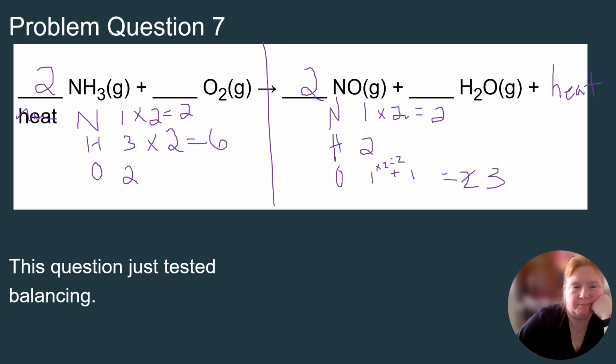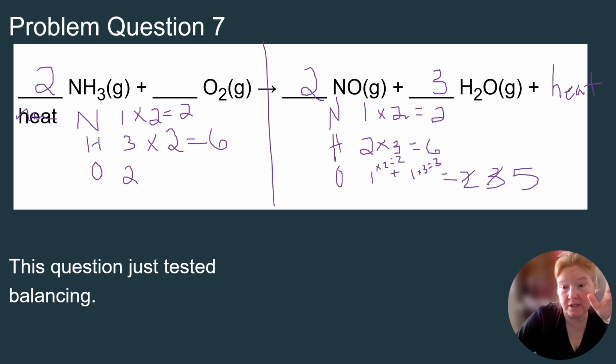Okay, well, I need to fix the H's, right? So times 3 is 6, so times 3, right? But that also multiplies this times 3, which is 3, which makes this 5. Well, great.